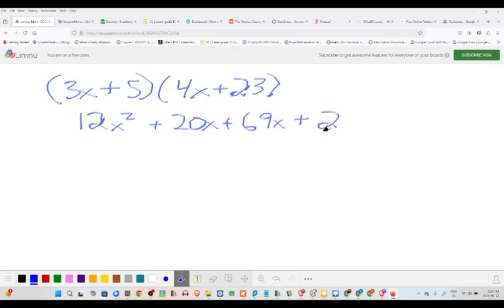And 5 times 23, we have 5 times 20 is 100, plus 5 times 3 is 15. So that's 115.